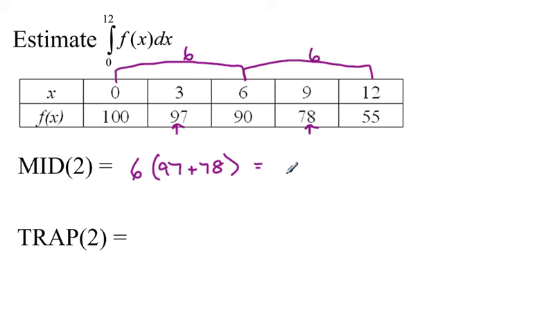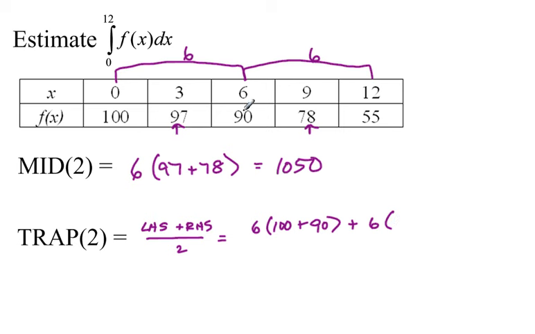and I get an answer of 1,050. And if I'm doing trapezoid, then I'm going to take the left hand plus right hand and average them. So left hand, we have a height of 6, and let's see, the first one on the left is 100, and the first one on this one is 90.